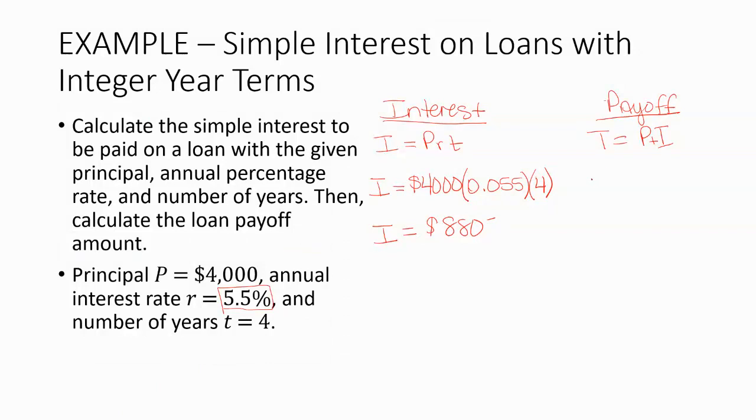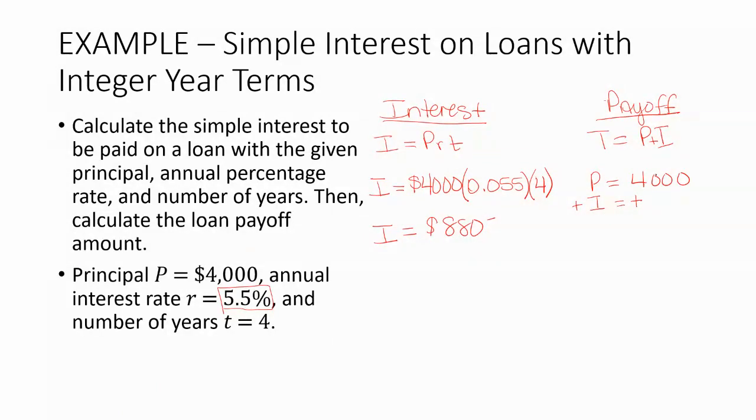Now our payoff amount is our principal. And I'm going to go down, set these up vertically. So our total equals our principal plus our interest.